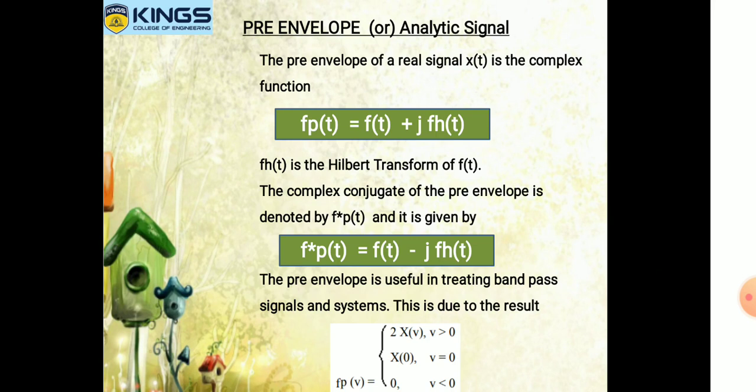The pre-envelope is useful in treating bandpass signals and systems. This is due to the result that Fp of f will be equal to 2F of f for f greater than 0, F of 0 for f equal to 0, and 0 for f less than 0.